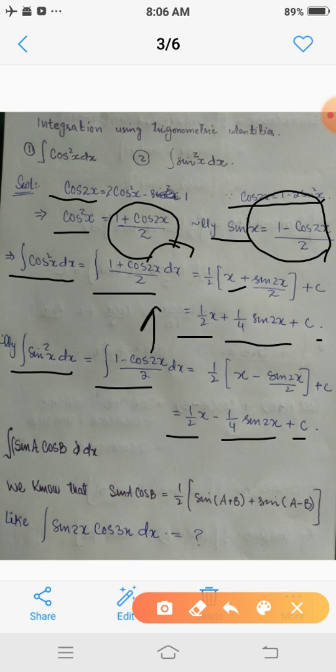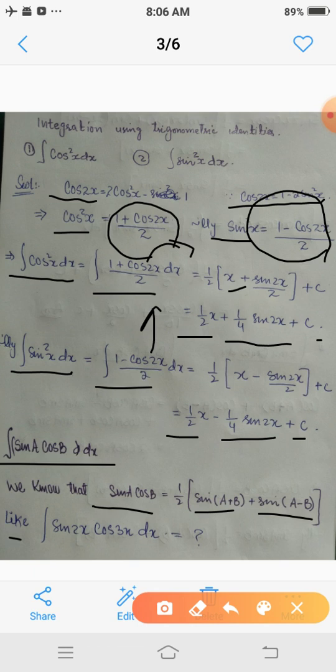Now the second type: if we consider sine a cos b, how do we integrate it, where a and b are functions of x? We know, by the trigonometric identities, that sine a cos b equals 1 by 2 (sine (a plus b) plus sine (a minus b)).